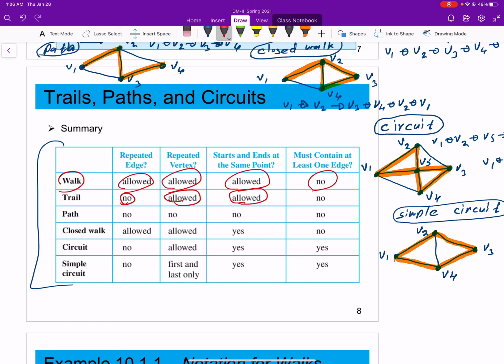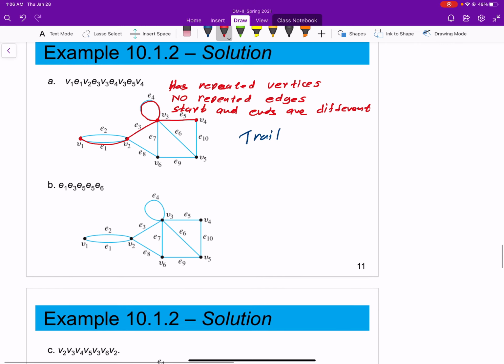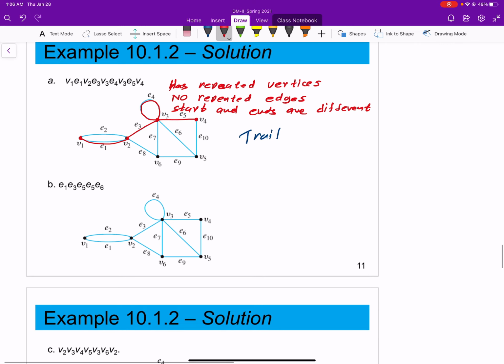Starting and ending at the same point is allowed, but it is not necessary. So go back to that example. This is a trail, only vertices are repeating. Now go to the next case.